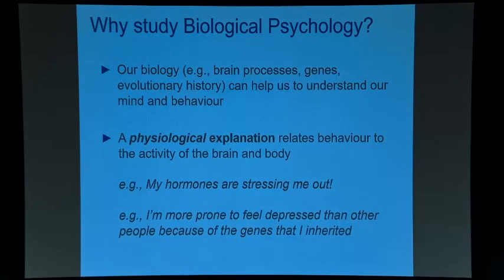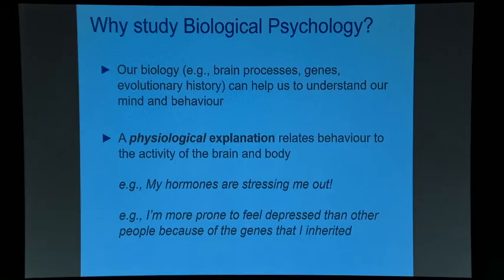This is a physiological explanation for our experience and our behavior. Another example is the idea that some people are more prone to getting stuck in depression partly because of genes that they inherited from their family. That is another physiological explanation for their life experience and their behavior.